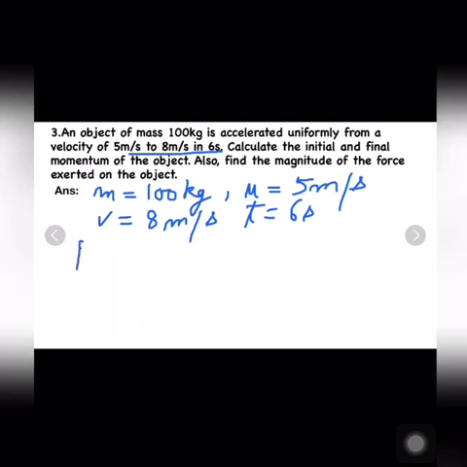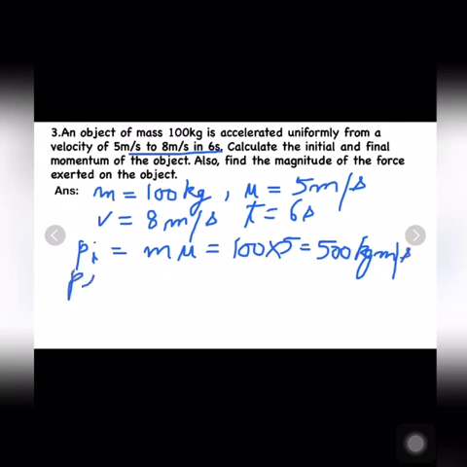Now you have to calculate the initial and final momentum. So Pi stands for initial momentum, which will be equal to mu. Put the values: 100 into 5, which comes out to be 500 kg meter per second.